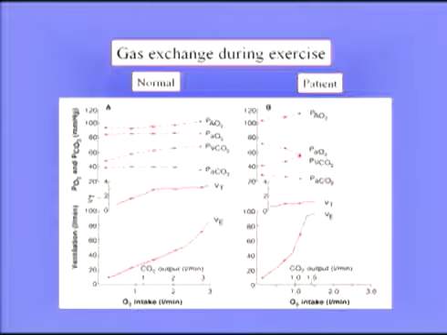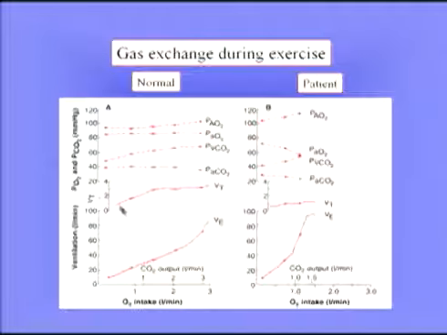Exercise is a problem with these patients, and here's some nice data on gas exchange in exercise in a patient with pulmonary fibrosis. Here's the normal subject first, and you can see that on exercise he was able to have an oxygen uptake of about 3 liters a minute. That's quite a good value.